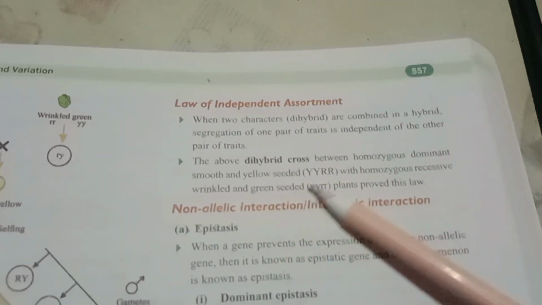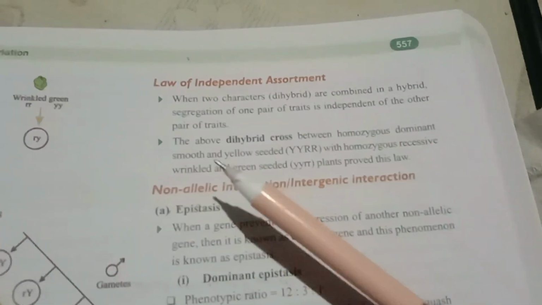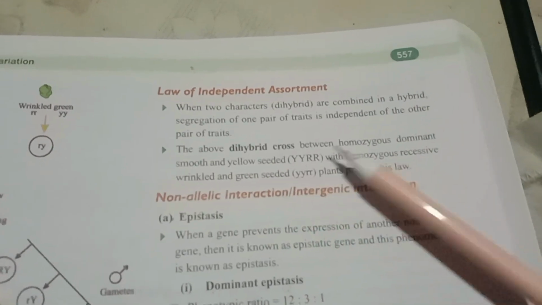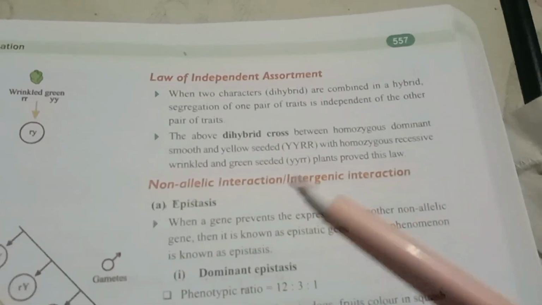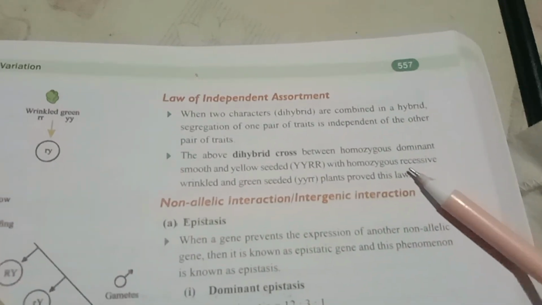The above dihybrid cross between homozygous dominant smooth yellow seeded and homozygous recessive plants proved this law.